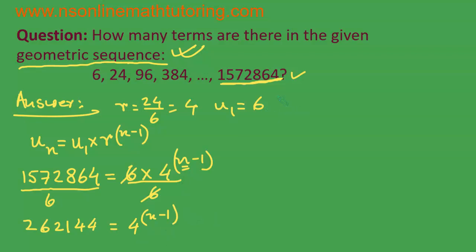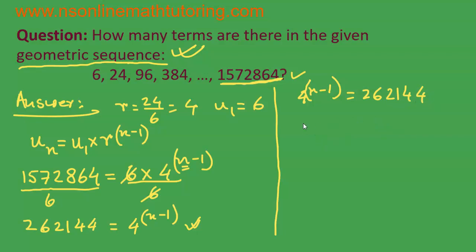Okay, and then let us take the logarithm of both the sides to the base 4. I'm just changing the sides. I'm writing this first, and then let me take the logarithm. So it is 4 raised to the power of n minus 1 is equal to 262144.